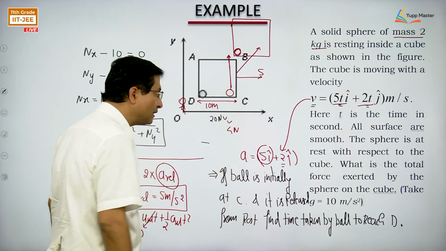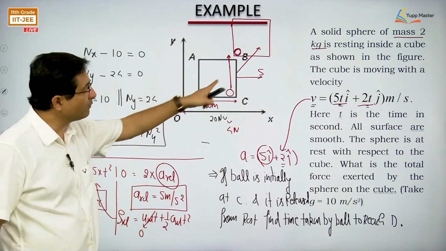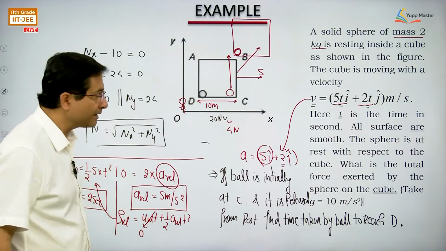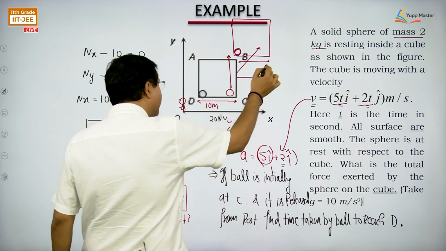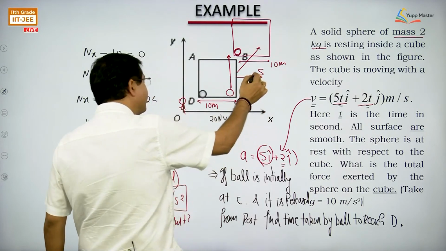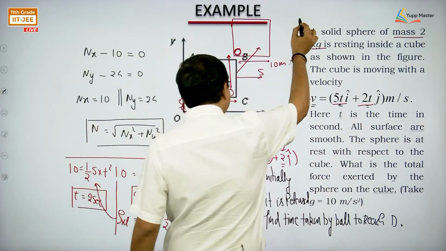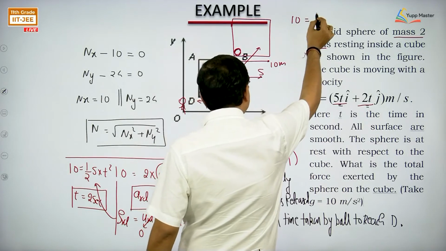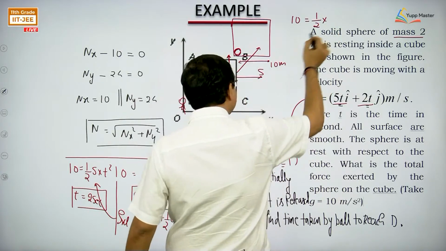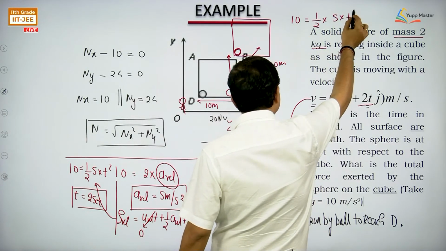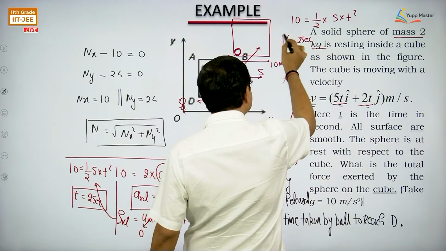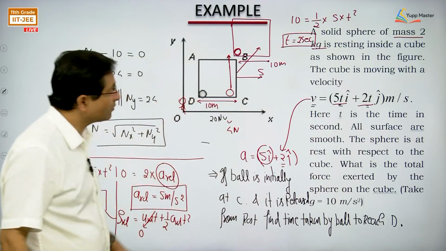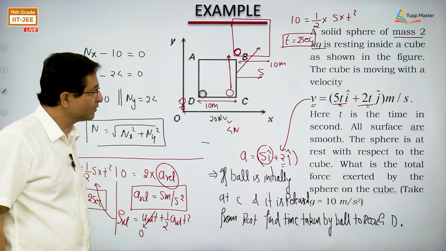So the acceleration of the lift is 5. So from the ground frame, if I want to find out how much time it will take, the lift has to cover 10 meter. To cover 10 meter with acceleration 5, how much time will it take? 10 is equal to half, acceleration is 5 into t square. You can see t you are getting 2 seconds. So from the ground also if you observe, we are going to get the same result.